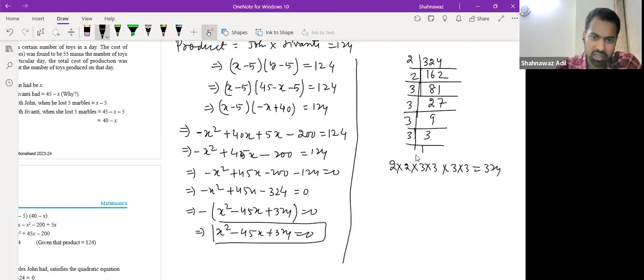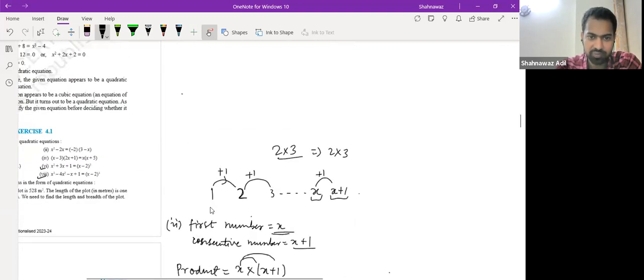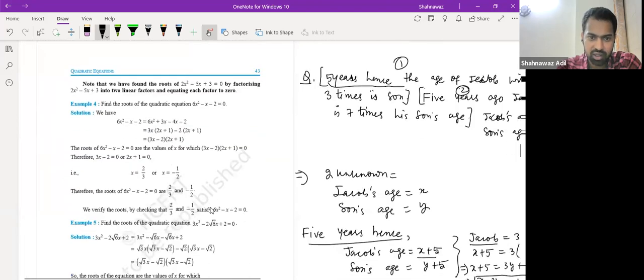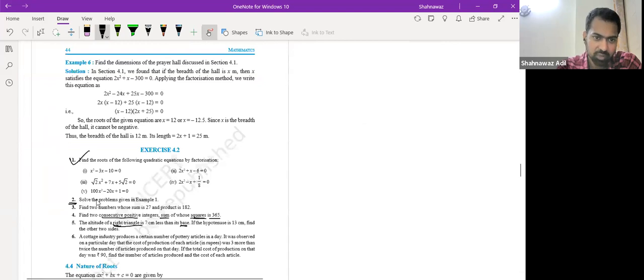So in the second question, 4.2, they are saying that we have to solve the problems given in example 1.